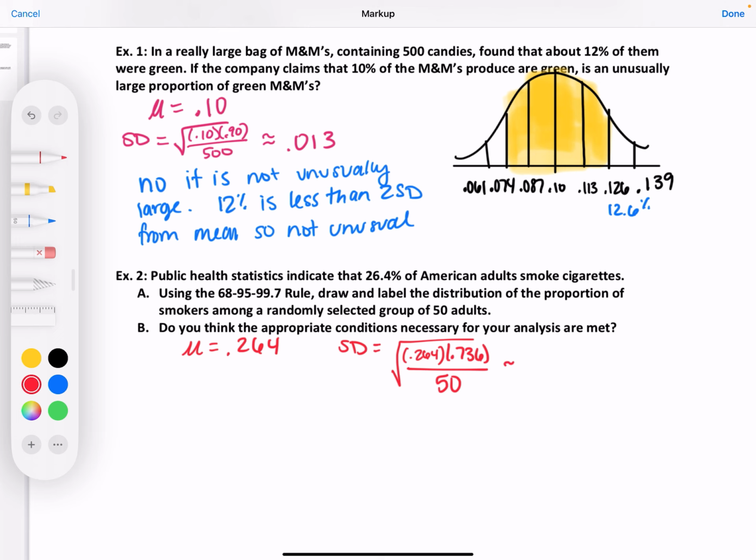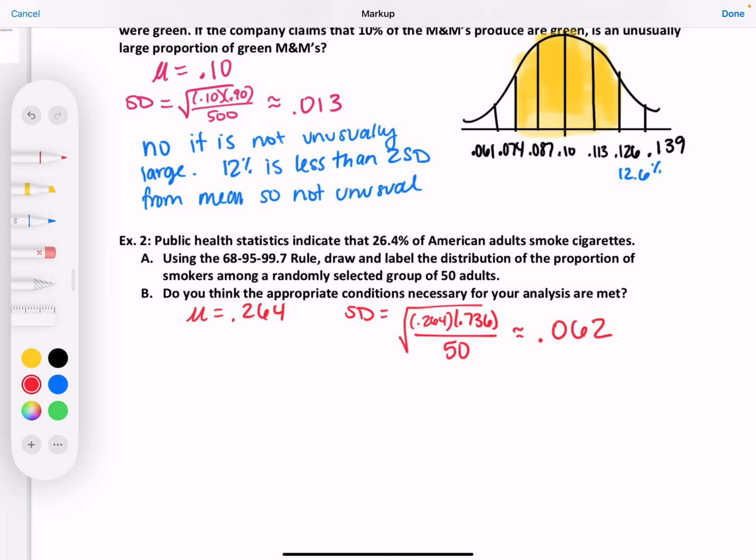And this comes out to be 0.062. So it wants us to set up the distribution following this rule first. So we're basically just drawing this diagram again.